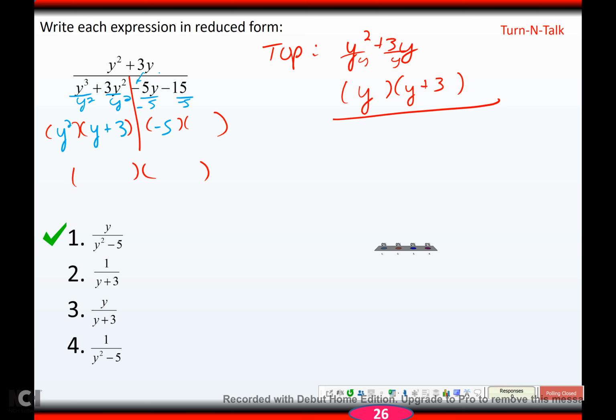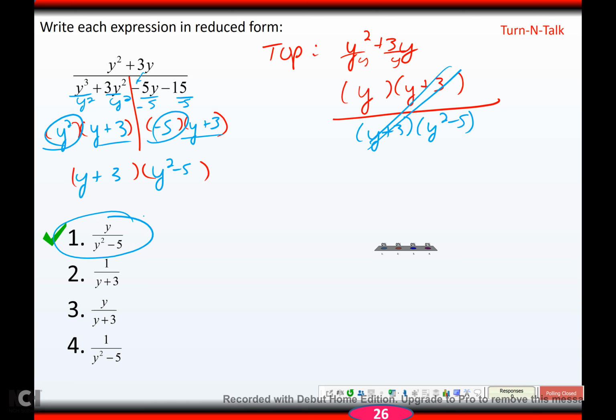So negative 5, divide, and you get y plus 3. There's my common binomial, which is y plus 3, which leaves y squared minus 5. So if I rewrite the bottom as y plus 3 times y squared minus 5, what cancels is the y plus 3. So my final solution is y over y squared minus 5.